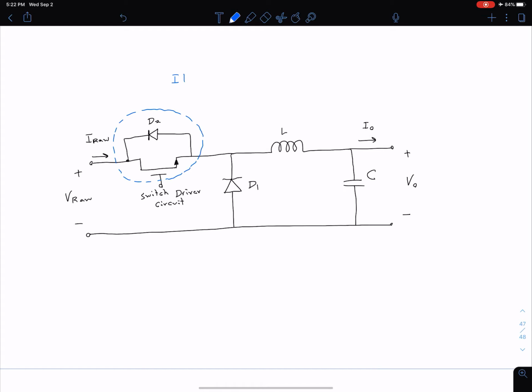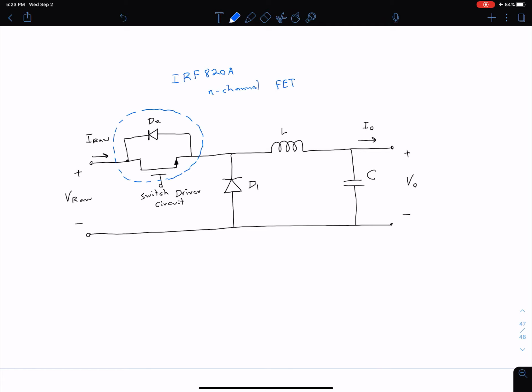From the Stephen textbook, one example of a MOSFET that we could use here would be an IRF 820A, an N-channel FET. You'll notice that there's also a diode in here, D2, included in this FET package, and that's just a protection diode built in to help preserve our FET in certain conditions.